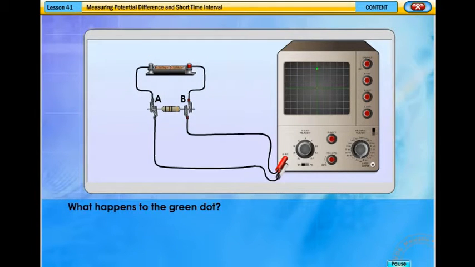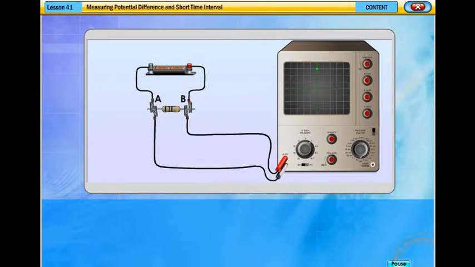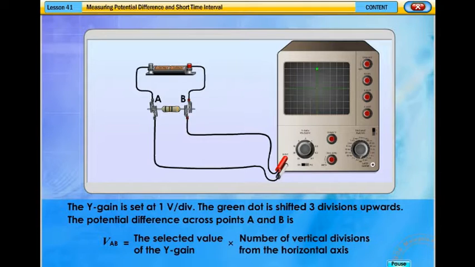What happens to the green dot? The green dot is shifted 3 divisions upwards from the origin. What does this indicate? The Y gain is set at 1 volt per division. The green dot is shifted 3 divisions upwards.